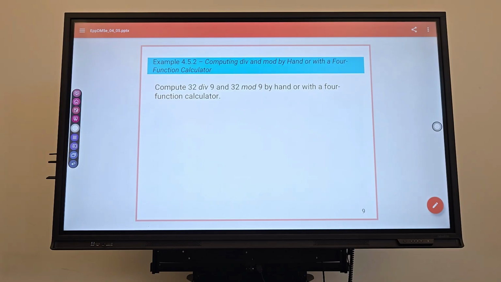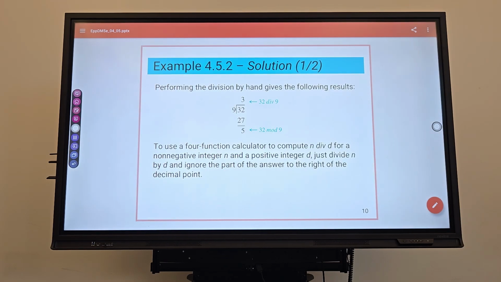So it would be 3. And then 32 mod 9? What's 32 minus 27? 5. So yeah, doing the division by hand gives you the two values.